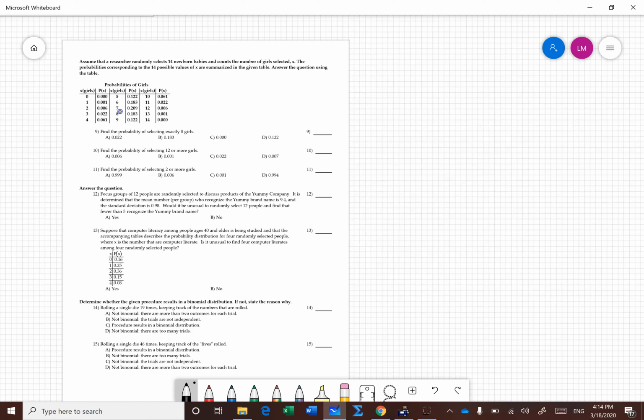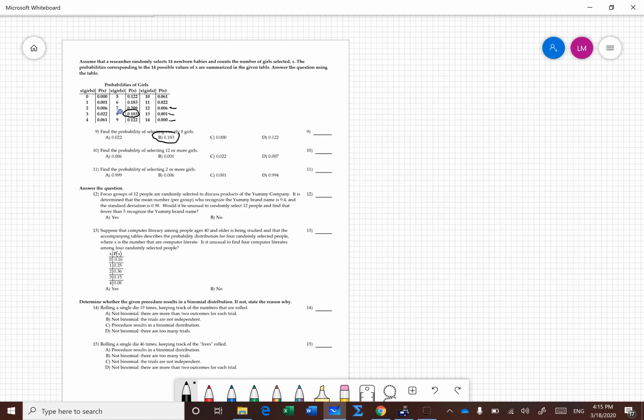Now the second page starts with: find the probability of selecting exactly 8 goals. Pretty easy. 8 goals is right there, 0.183. Find the probability of selecting 12 or more. So 12 or more is this 12, 13, and 14.